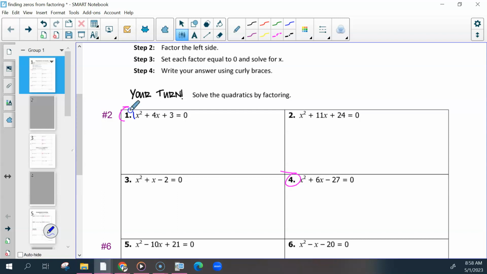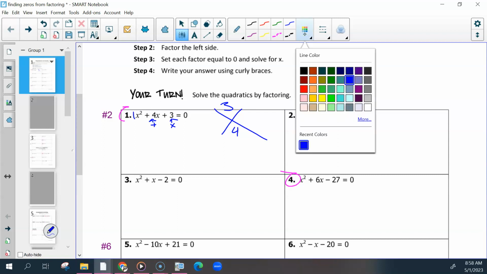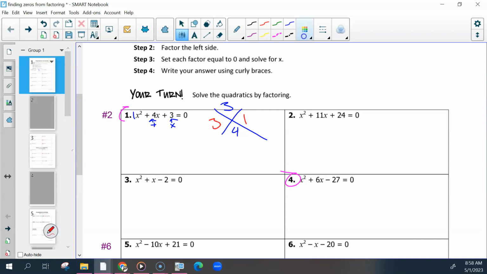There's a 1 in front. So this is one where you're looking for what multiplies to be C and what adds to be B. So find two numbers that multiply to be 3 but add to be 4. 1 and 3.